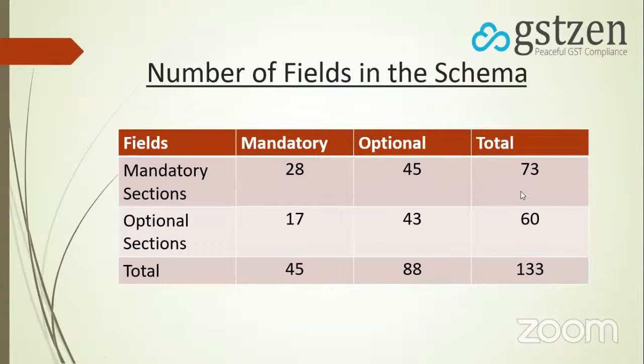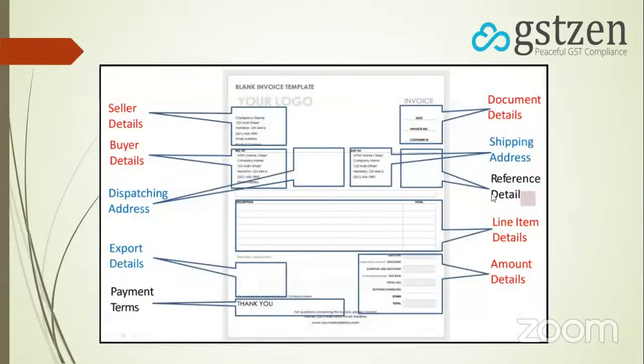So you have mandatory sections, and then you have fields within the mandatory sections. Let's say we are talking about seller details. You'd have to provide the seller GST number, name, address, pin codes as such. But there are some fields which are optional within the seller details as well, like the email address and the phone number.